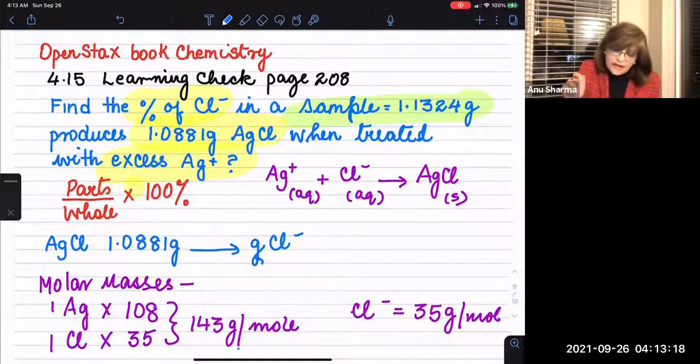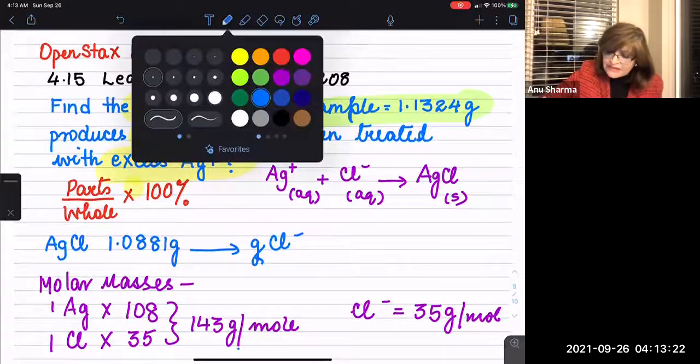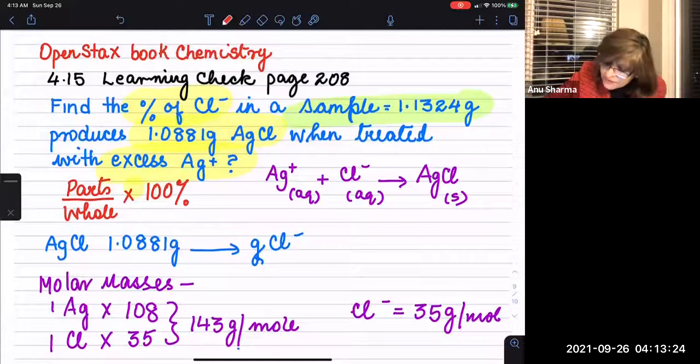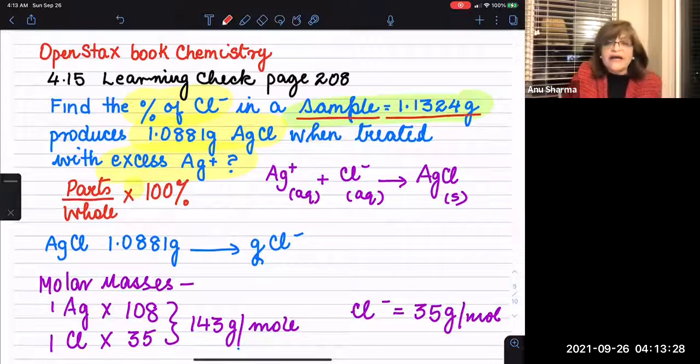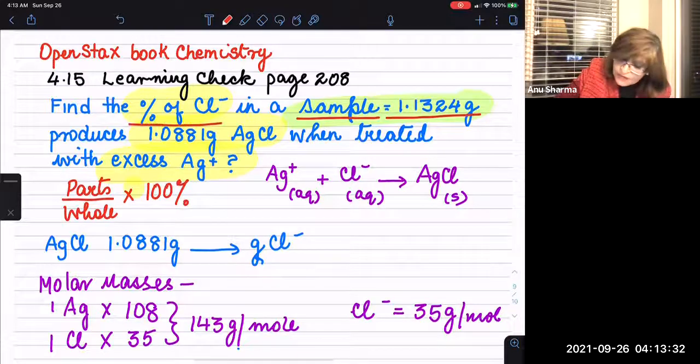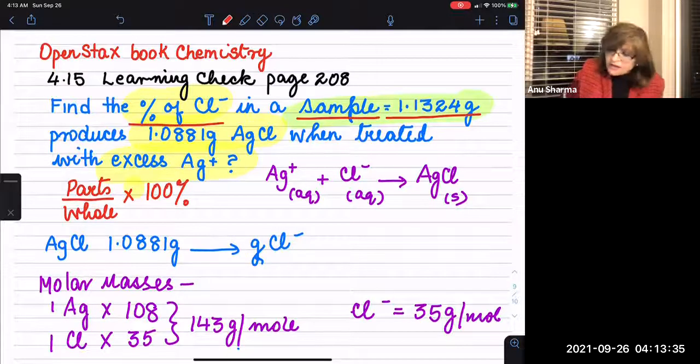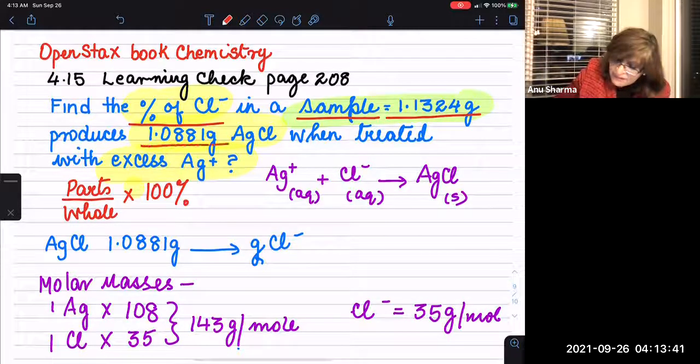So in this case, there is a sample. The sample's weight is 1.1324 grams. Okay. And in that, we want to find out the percentage of the chloride ions. So we take that sample, we subject it to chemical treatment, and we get silver chloride.